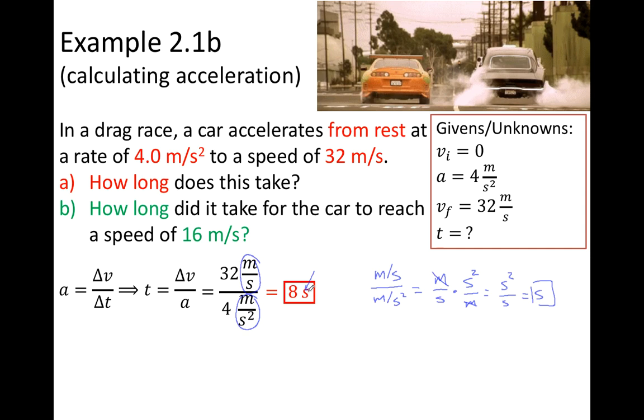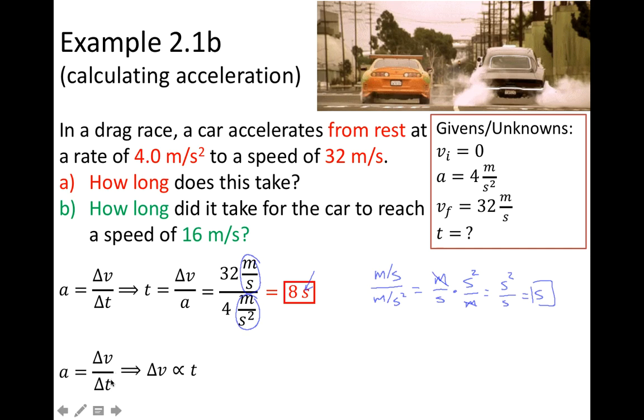Now, for part B, it wants to know how long it takes. Well, if we look at the equation for acceleration, you notice that here we have a ratio equaling a constant number. And whenever you have a ratio equaling a constant number, that's a signal that the numerator is directly proportional to the denominator.